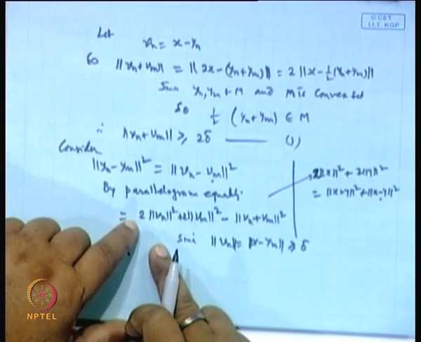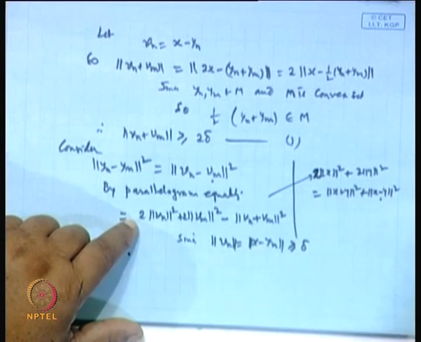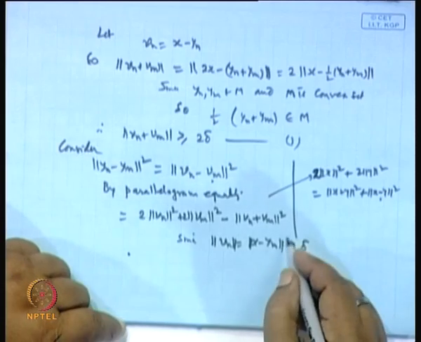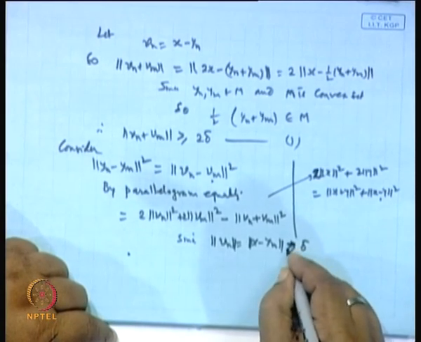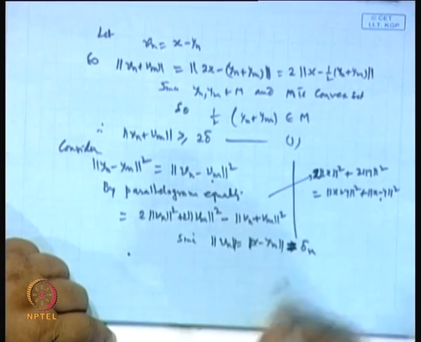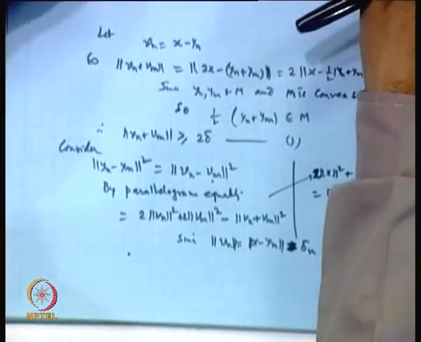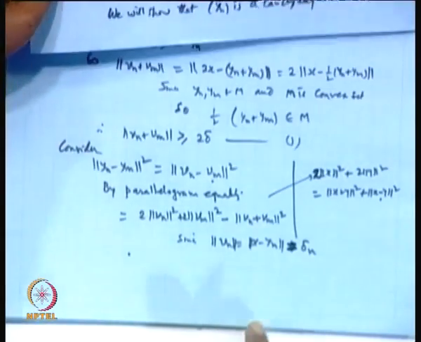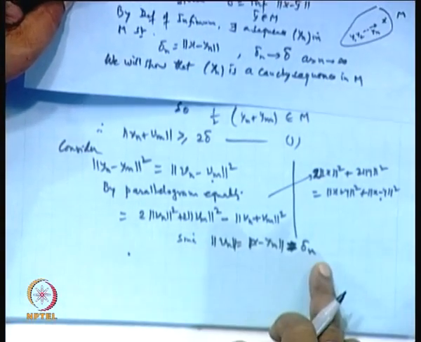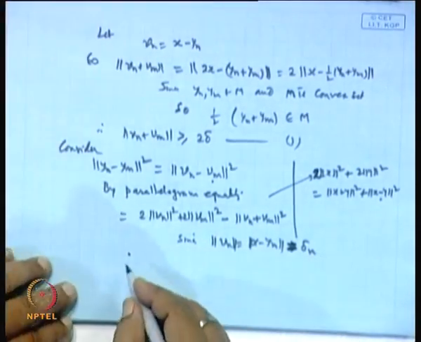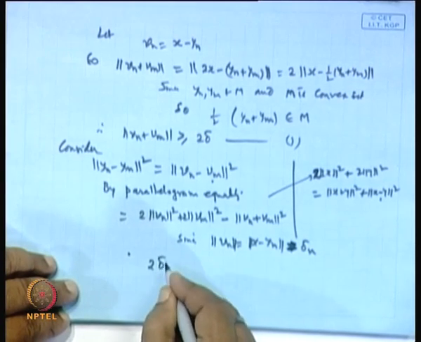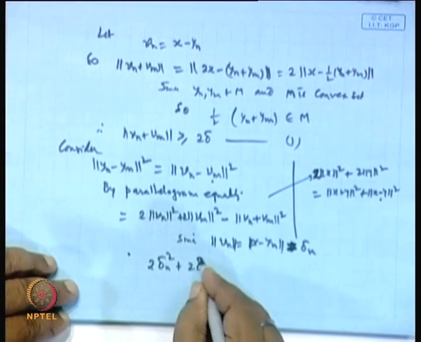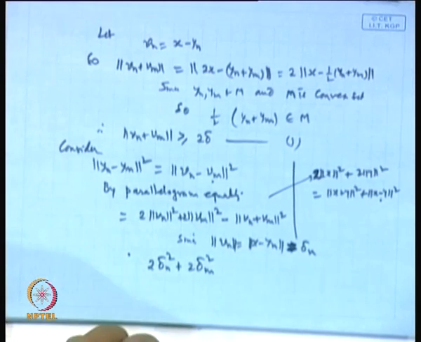Sorry, let it be delta n, because this one is given: norm of x minus y n is delta n. So here x minus y n, which is V n, has norm delta n. So, using this, we are taking this as 2 delta n square plus 2 delta m square.